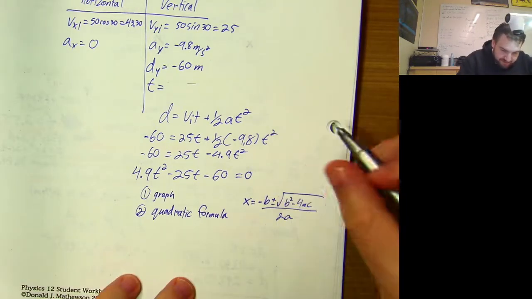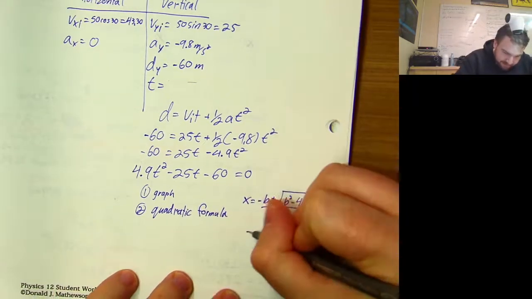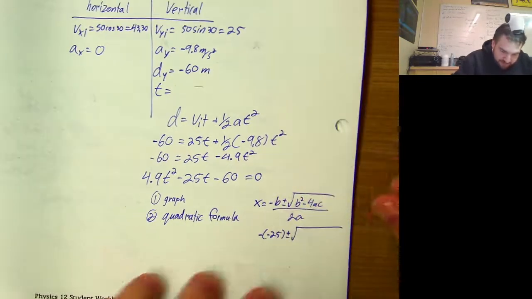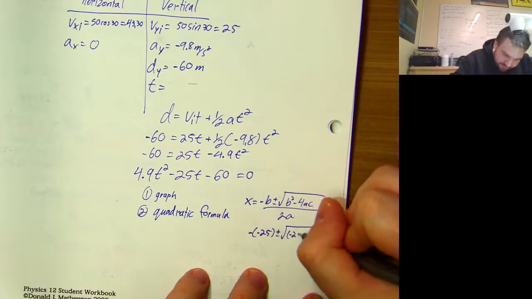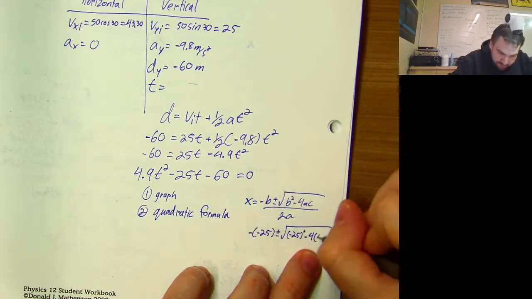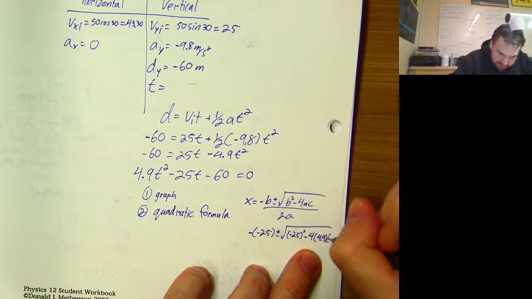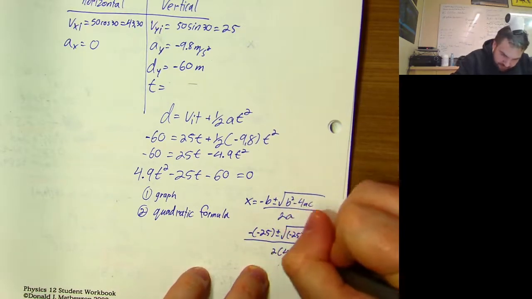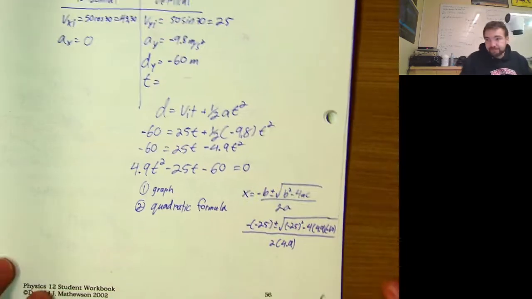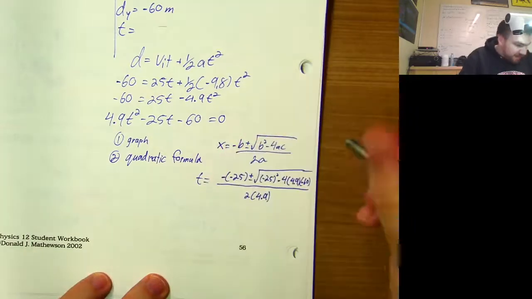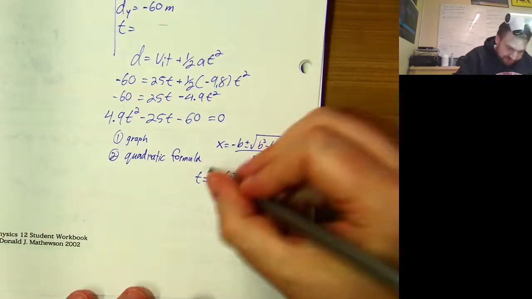Negative b, so that's negative times negative 25, plus or minus the square root of negative 25 squared minus 4 times 4.9 times negative 60, all over 2 times 4.9. And these shouldn't be x, these are t's. These are time values.